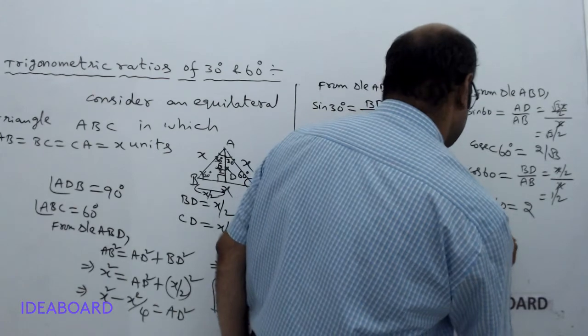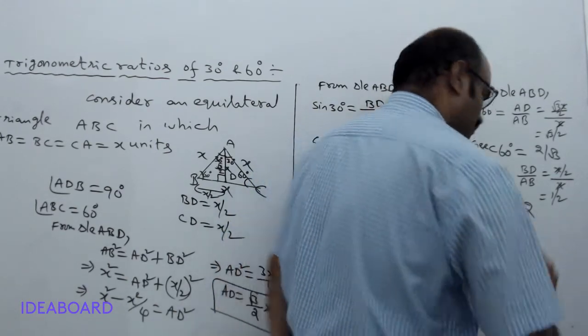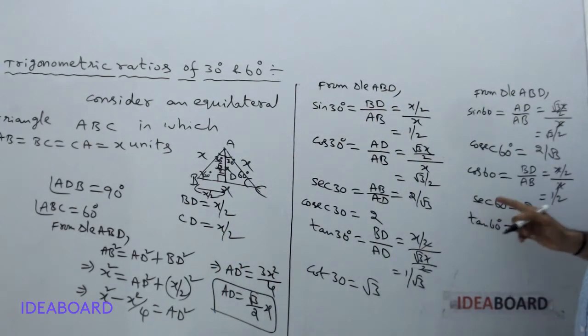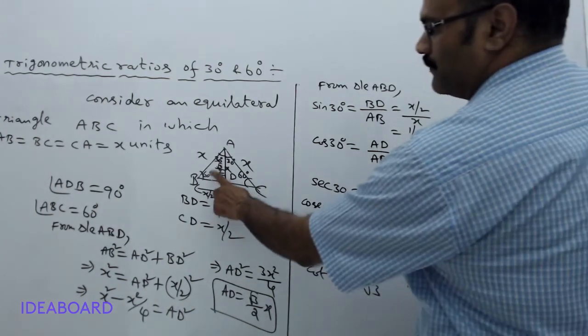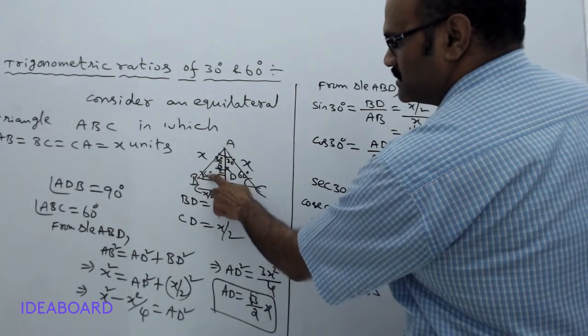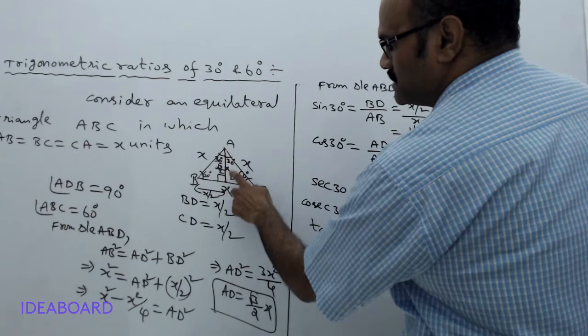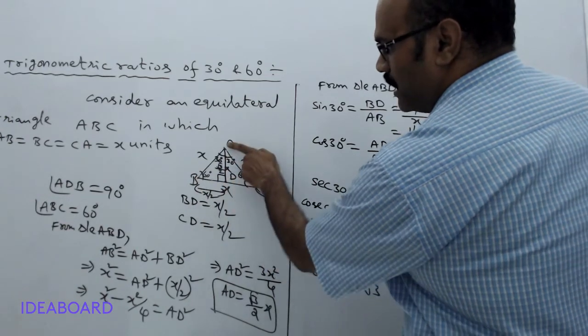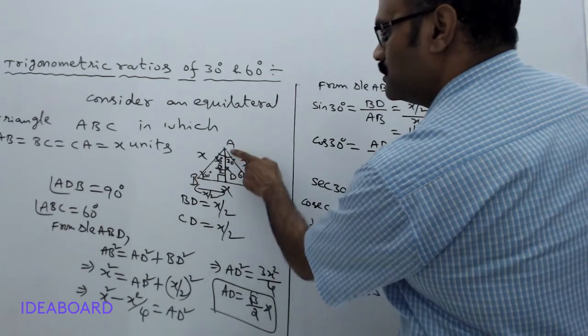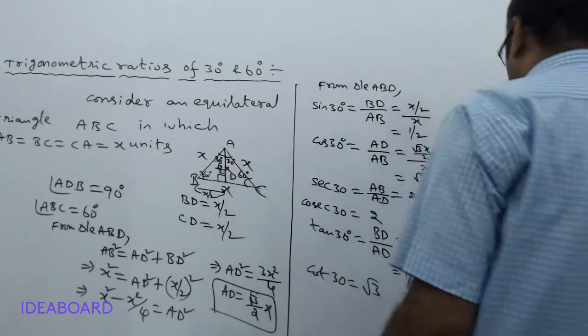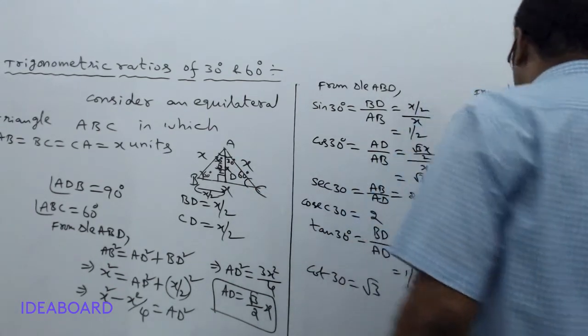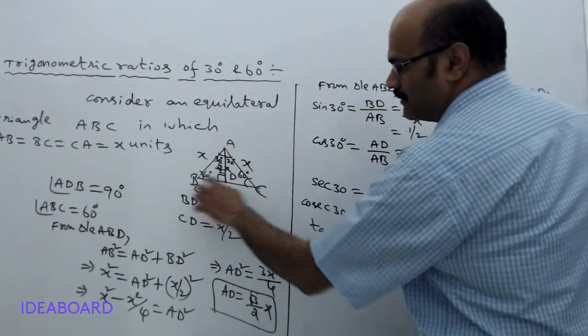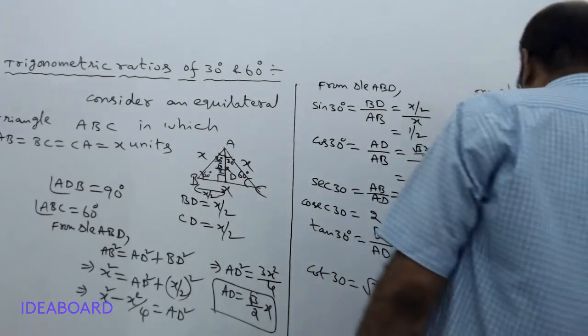Now tan 60 degrees, from triangle ABD, equal to opposite side by base. Opposite side equal to AD, which is nothing but perpendicular, so AD by BD.